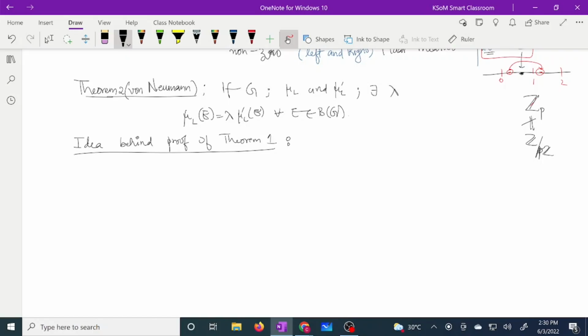Okay, how do we start? Suppose for the time being that such a measure exists. Let me fix notation. G is once again a Hausdorff locally compact topological group, and let mu_L be a left invariant Haar measure.